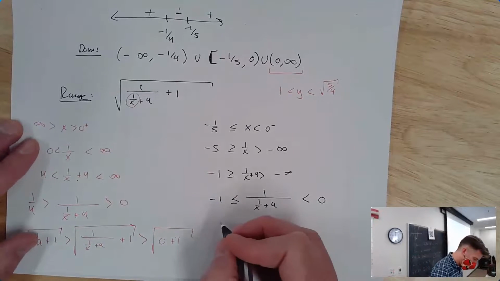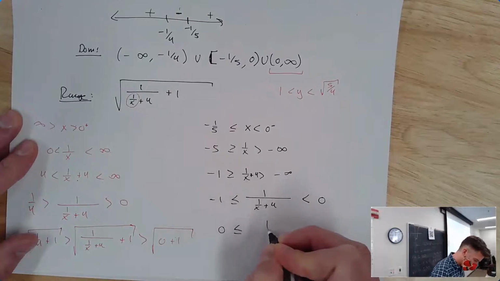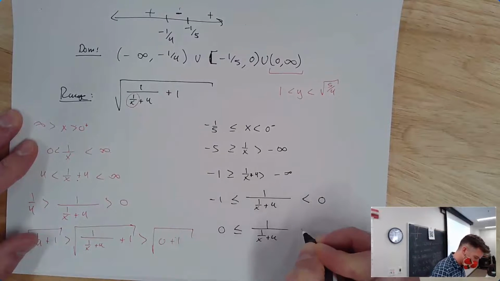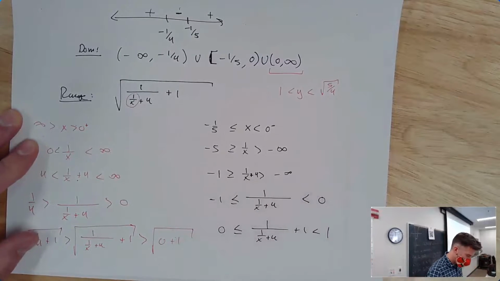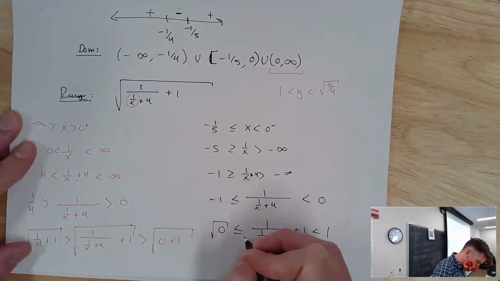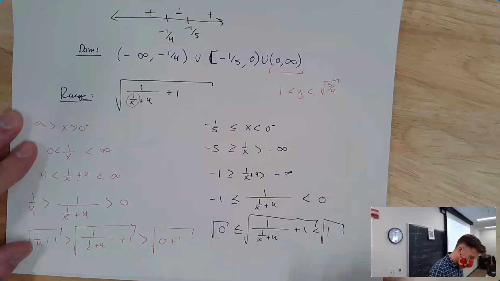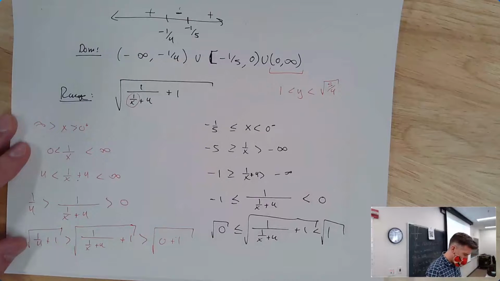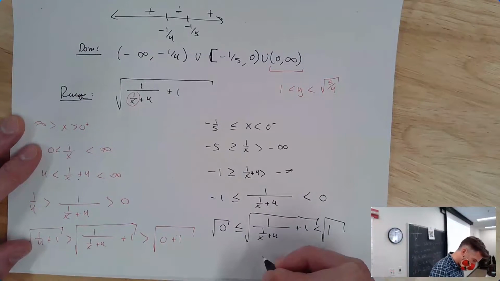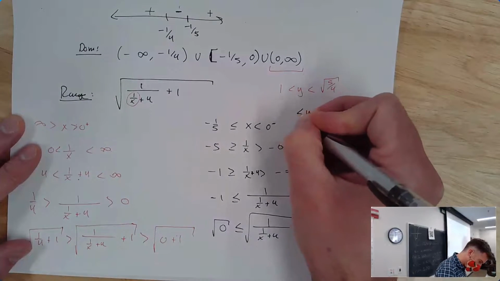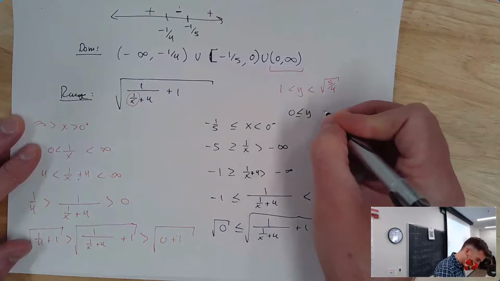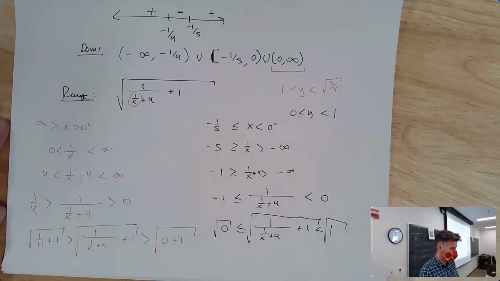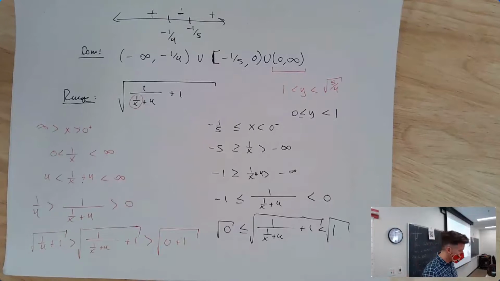And then we would add 1 to everything, and then we would take the square root of everything. So it looks like here, I'm getting everything between 0 and 1. It seems crazy.